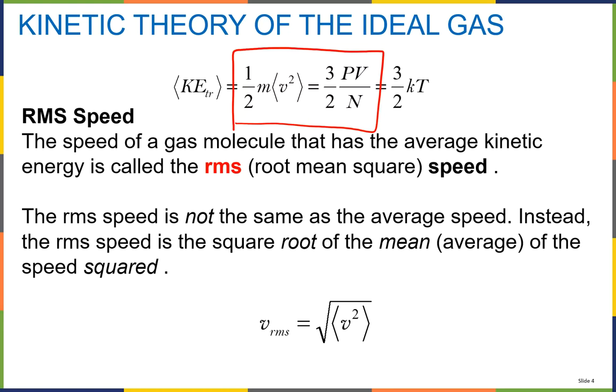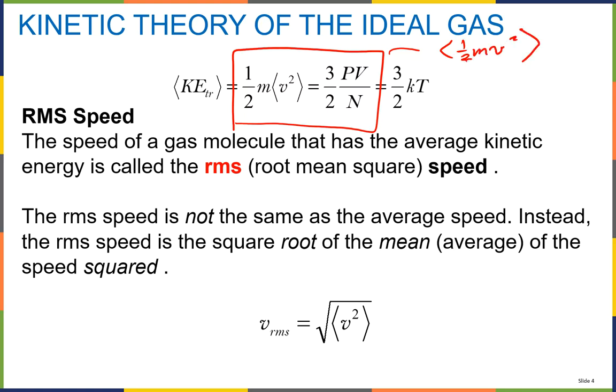But 1/2 mv squared is kinetic energy. And so if I have 1/2 m average of v squared, assuming that my masses are all the same, I can move that average out and make this the average of 1/2 mv squared, right?